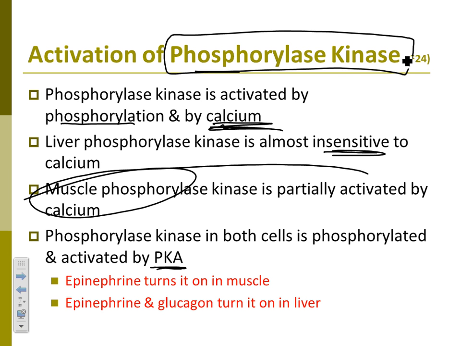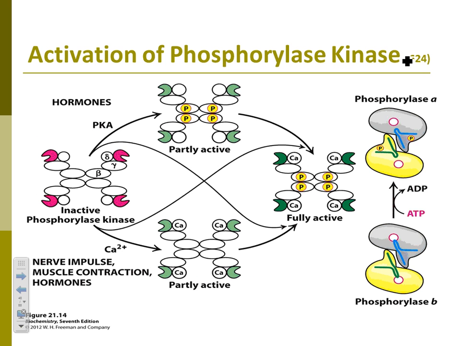This is another point that he's going to test you on, and definitely know that glucagon is only going to work on the liver. Epinephrine, liver and muscle. That's another one of the key points that's on every single test. This is the illustration of the last slide showing turned on by phosphorylation and calcium.